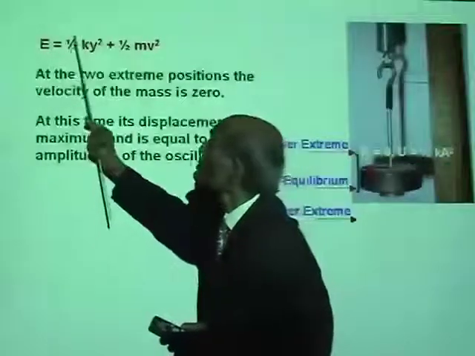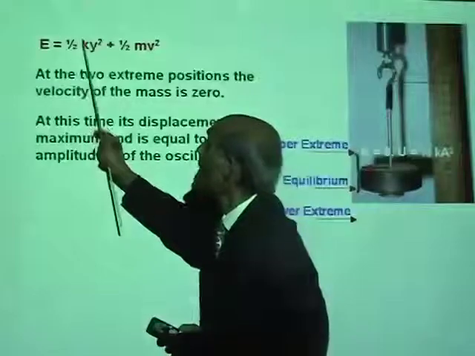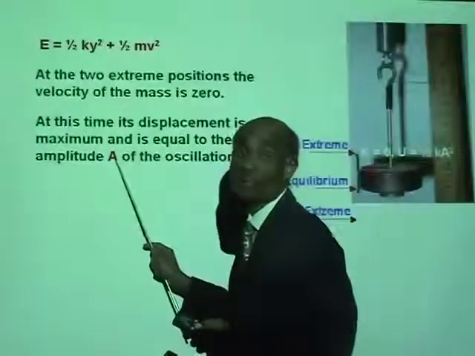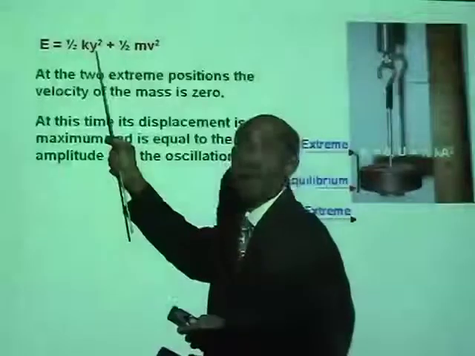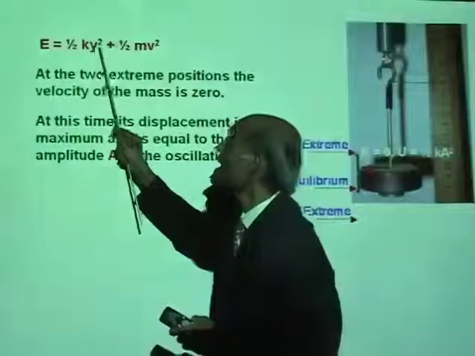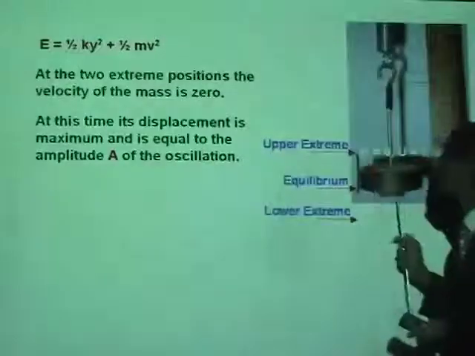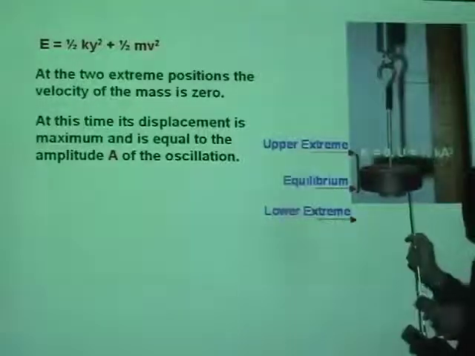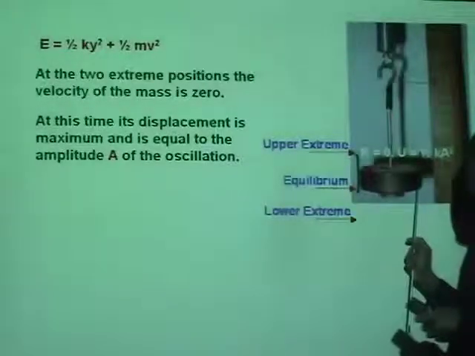The potential energy will be 1/2 k, and in place of y, I will use A because at that time, the value of y will be the amplitude. It will be 1/2 kA squared. The potential energy U equal to 1/2 kA squared. I hope you can read that in the recording.